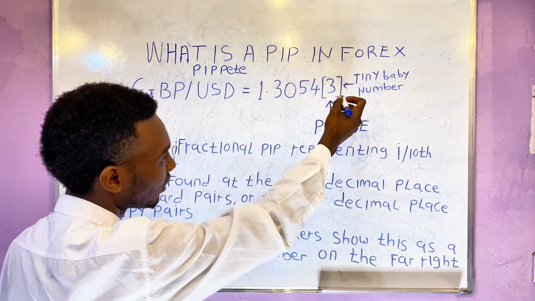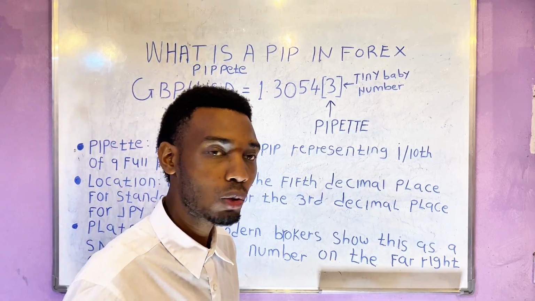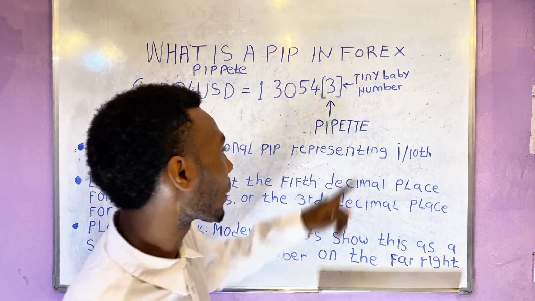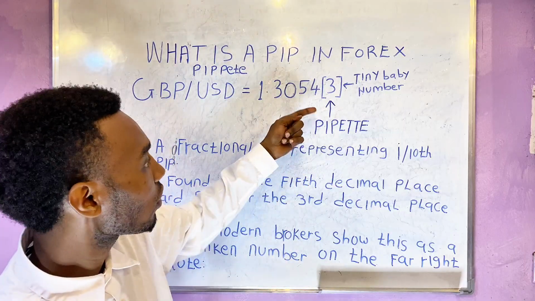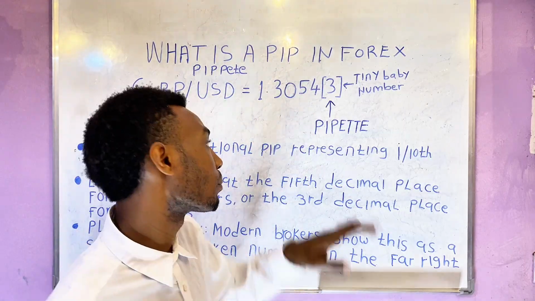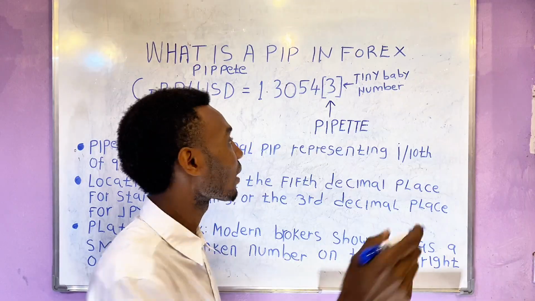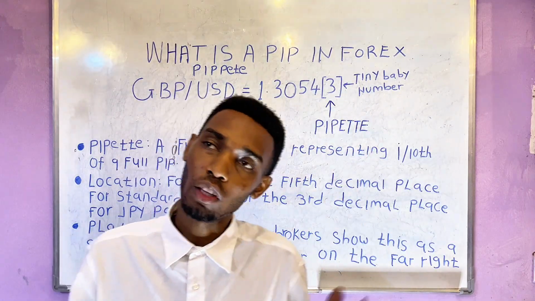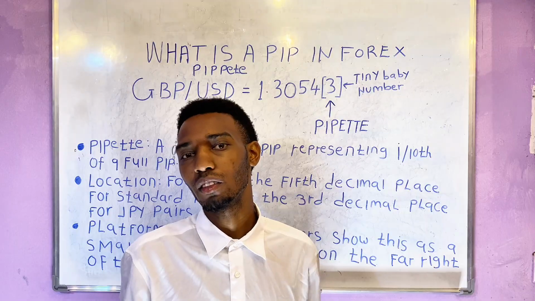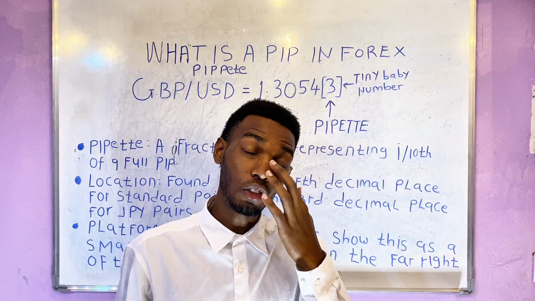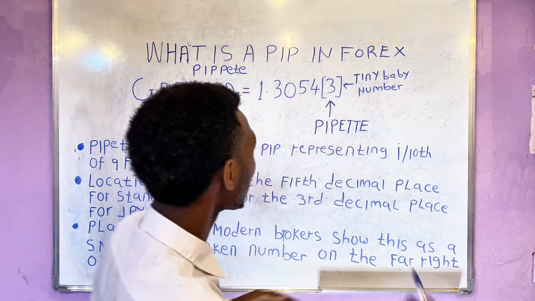The fifth decimal digit is what we call a pipette. It goes 1, 2, 3, 4 for the PIP, and when there is another one, that is for the broker, for precise pricing.